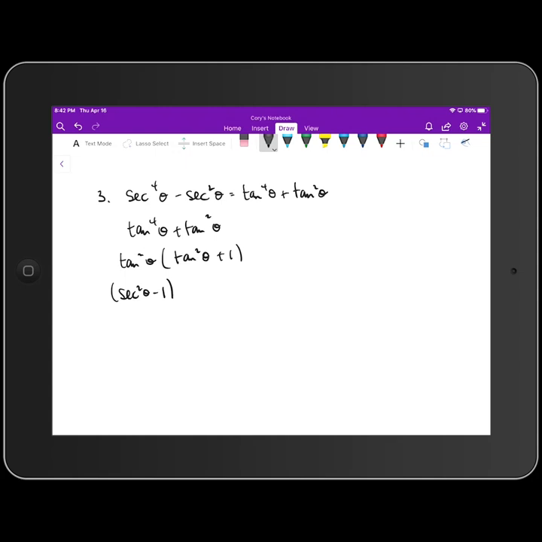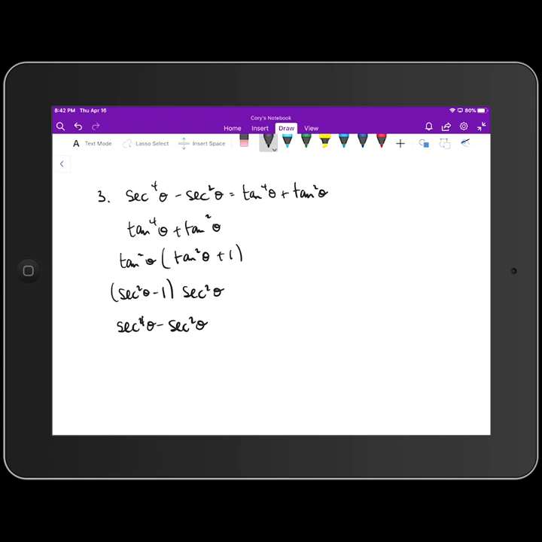And then that second factor, tangent squared plus 1, we can say is equal to secant squared. All right, so all I need to do now to transform this into the left-hand side is distribute secant squared across both terms, which would make the secant of theta to the 4th power minus secant squared of theta. And we verified that identity.